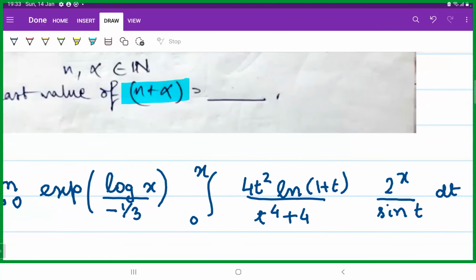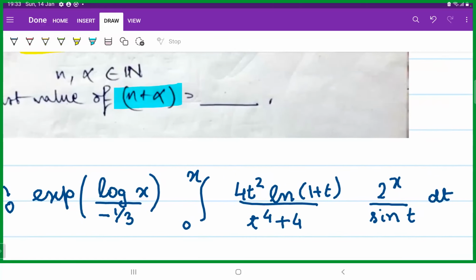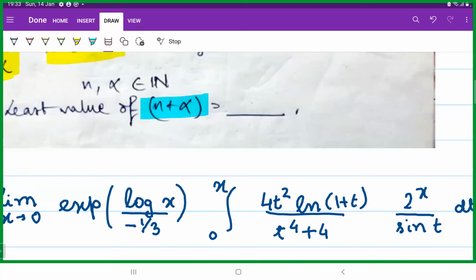Okay, so this minus 1 by 3, let me write this as minus 3 log x. And minus 3 log x we can write as x to the power minus 3, right? These are just properties of log and exp, or rather e to the power log x to the power minus 3 will become x to the power minus 3.